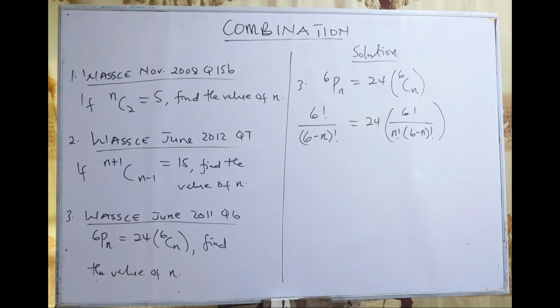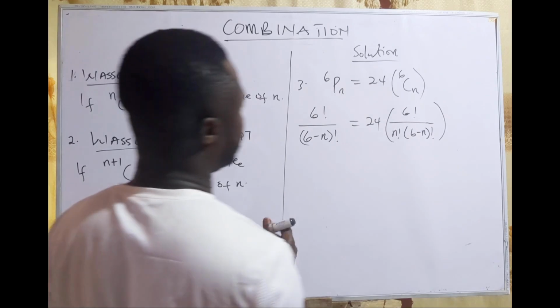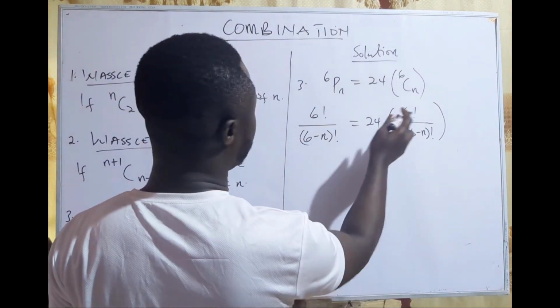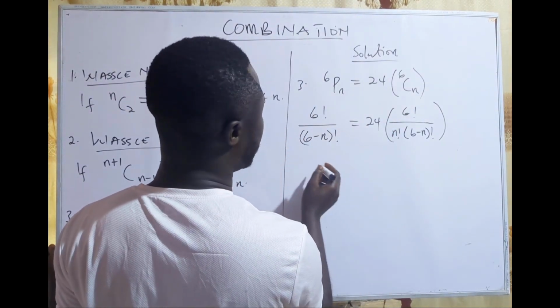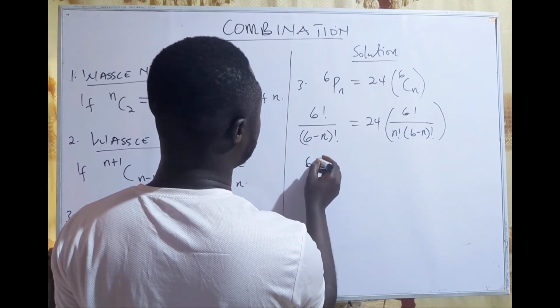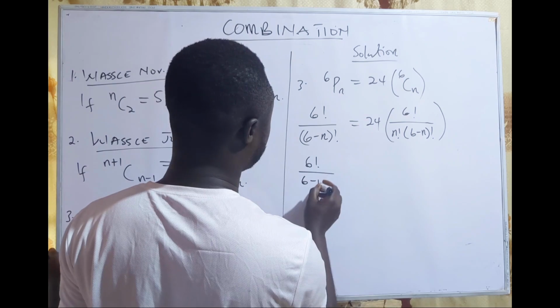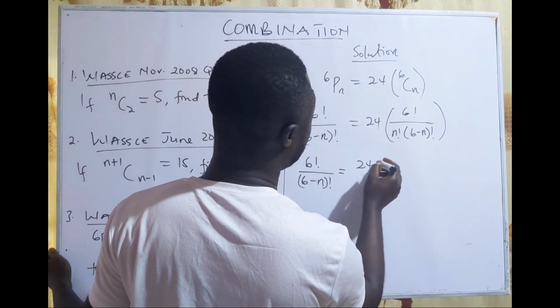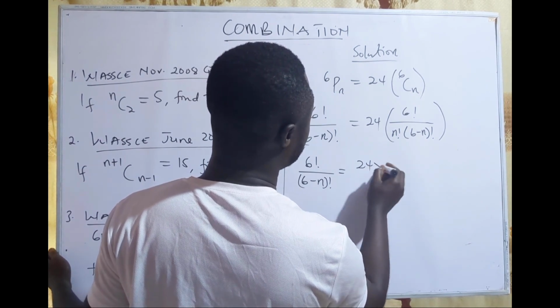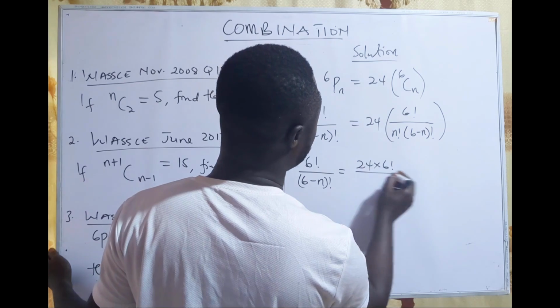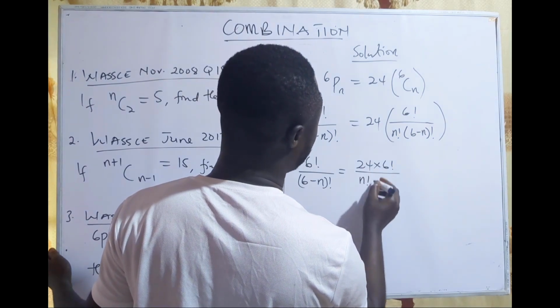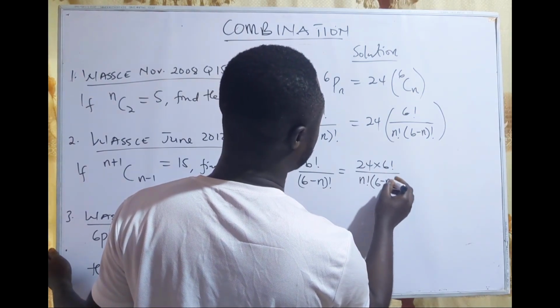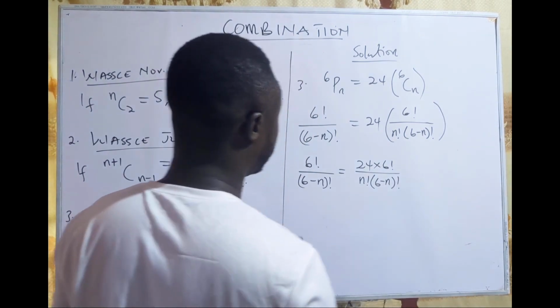Alright, so let's see what we are going to get. Okay, so we are going to have what? Let's expand it. So we have 6 factorial divided by 6 minus n all factorial equal to 24 multiplying 6 factorial divided by n factorial 6 minus n all factorial.